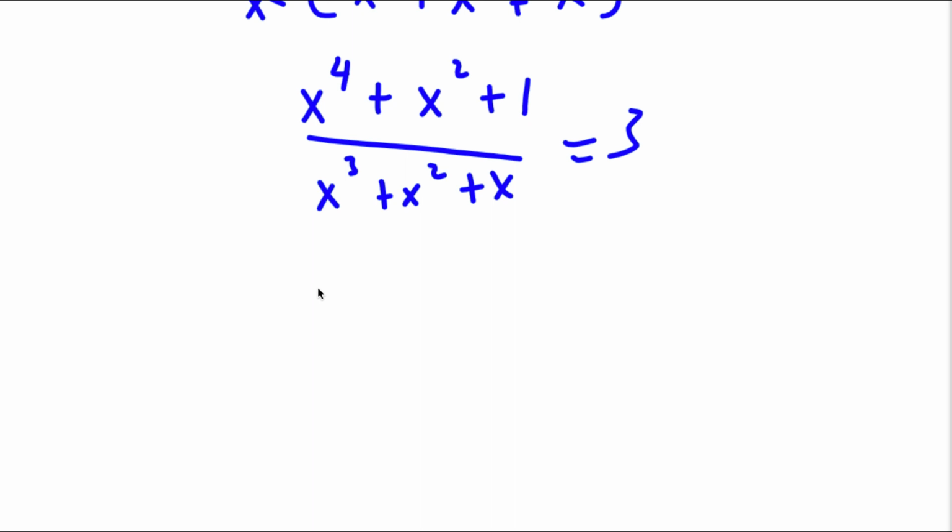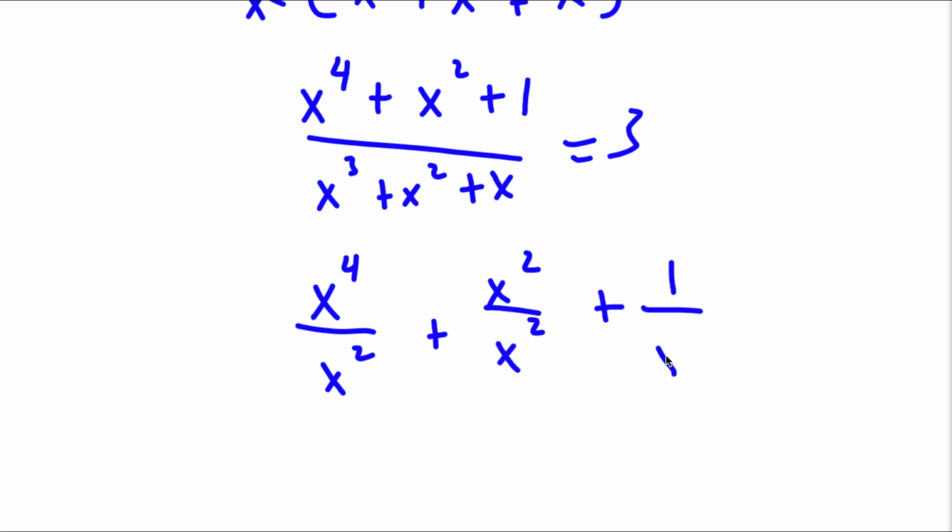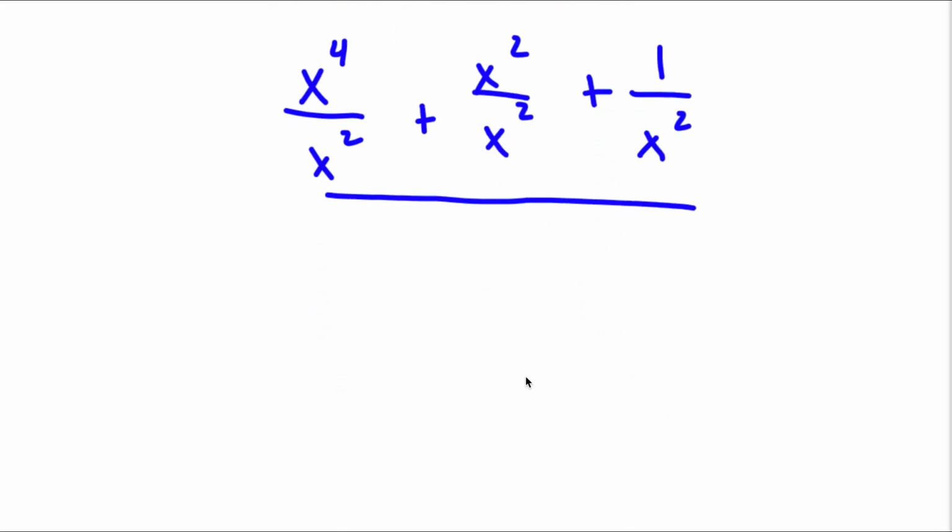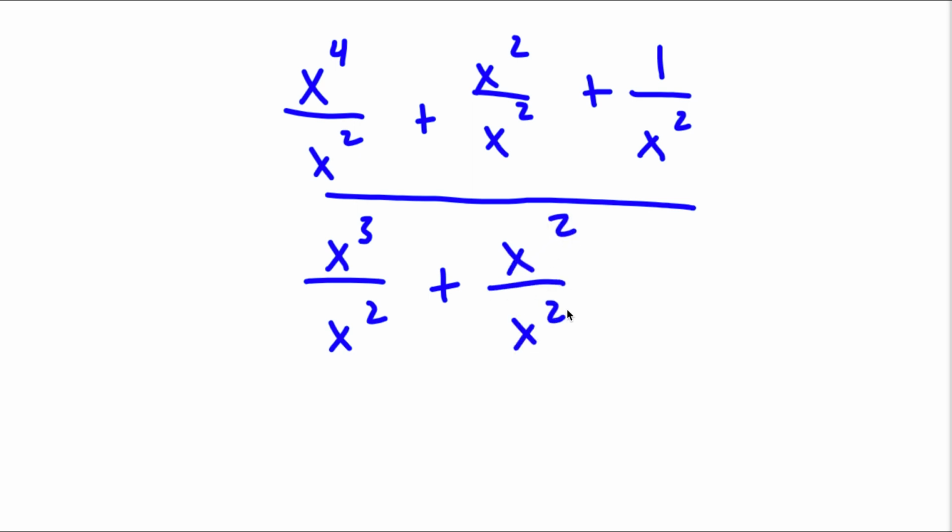So now I will have x^4 over x^2 plus x^2 over x^2 plus 1 over x^2, all divided by x^3 over x^2 plus x^2 over x^2 plus x over x^2. This is equal to 3.